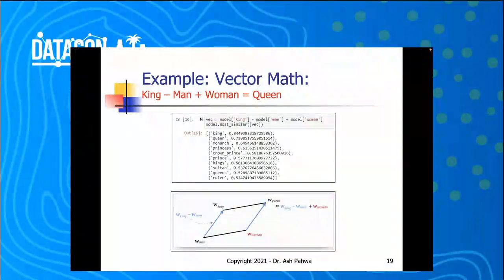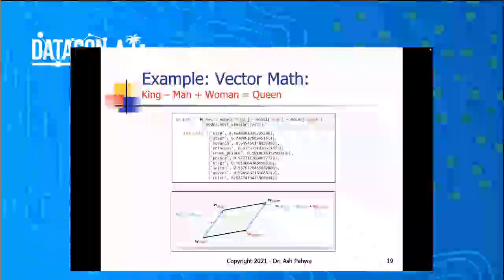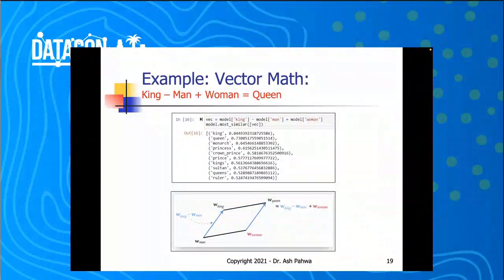Let me tell you a funny story. Tomas Mikolov, who worked at Google Research, sent his paper on word embeddings to a conference. That paper was rejected because they said it is impossible to do these things, that he was doing something crazy.